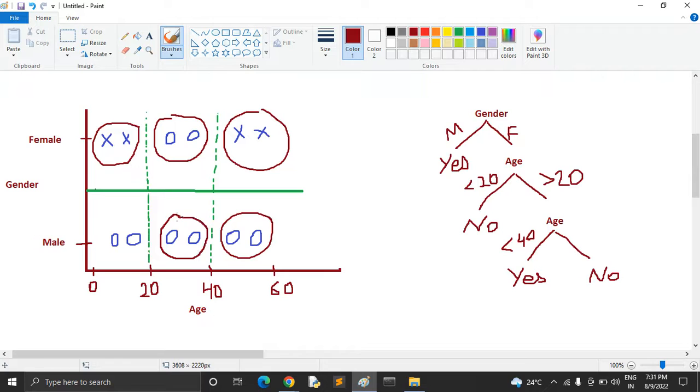All the regions are purely categorized. Now, as you can see, try to also understand if a particular algorithm is able to classify the data so well, that leads to overfitting.